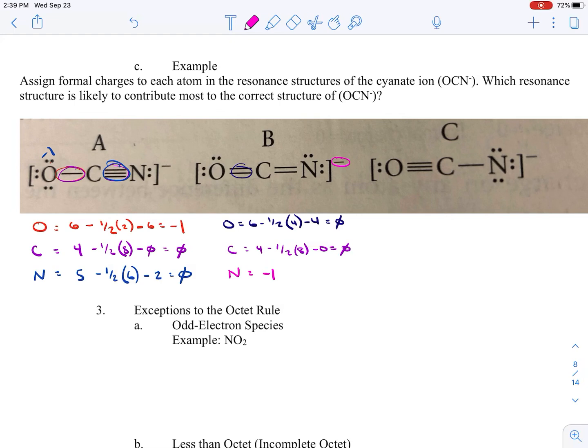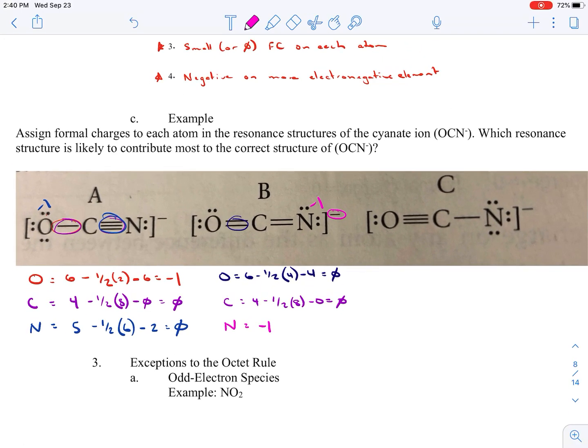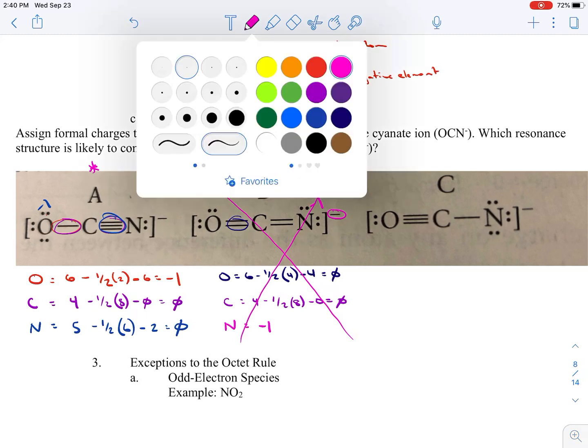Let's compare these two before we go on to the third one. We have a low magnitude of formal charge, only one -1. And our last rule says negative on the more electronegative element. Which one is more electronegative, oxygen or nitrogen? That's right, it is oxygen. So for right now, this one is the one we're looking at, and this one's kind of out.